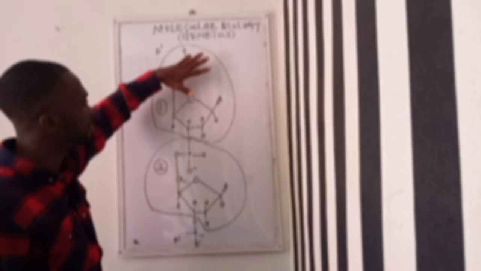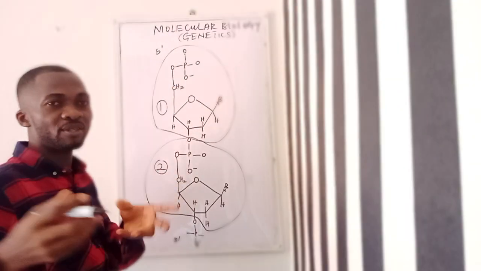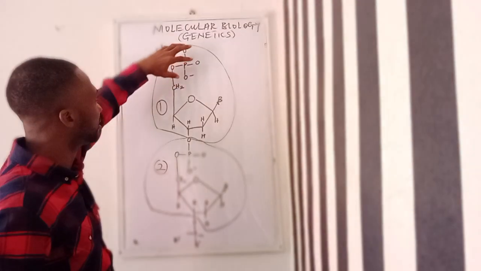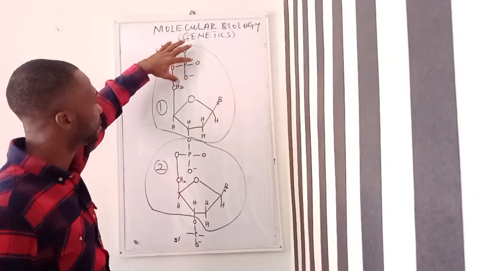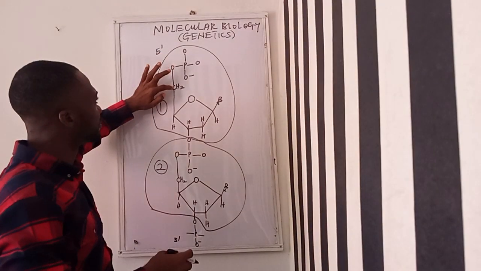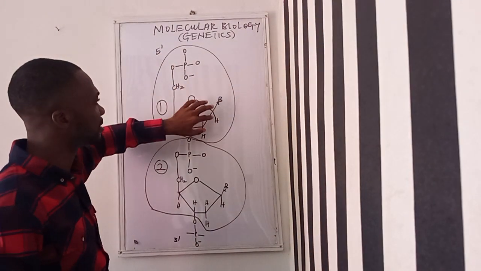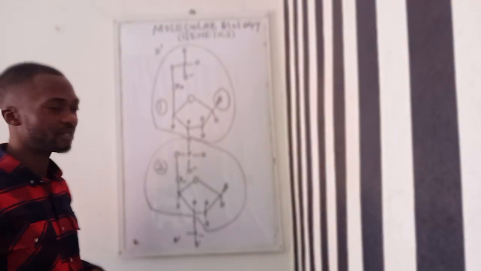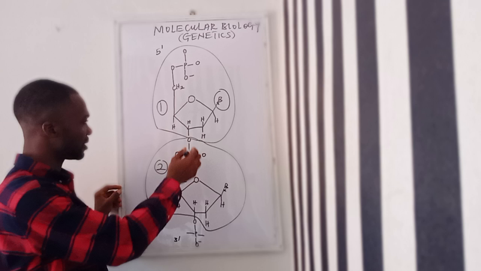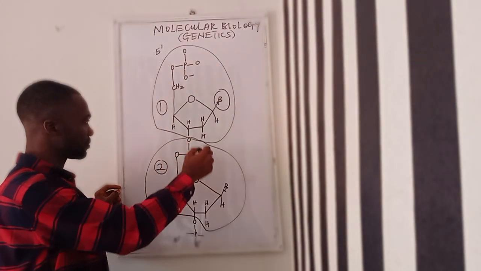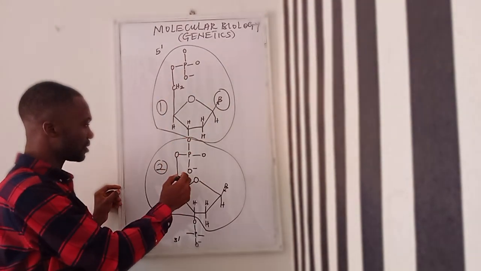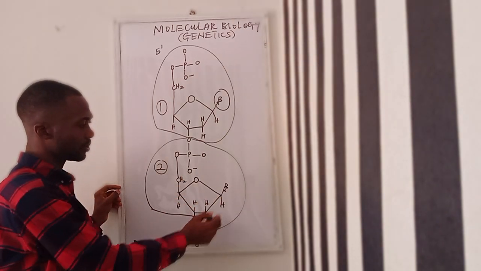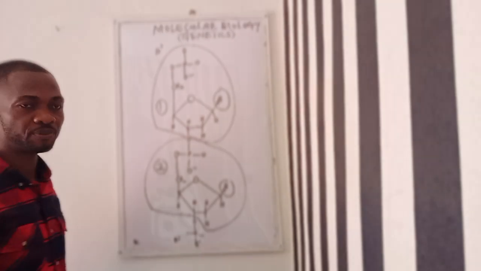So in this nucleotide, we can see those three components I've mentioned. This is a phosphate group. Then from this CH2 down to the whole of this is the sugar group, and this is the base. The same thing applies here: this is the phosphate group, the whole of this is the sugar, then this is the base.